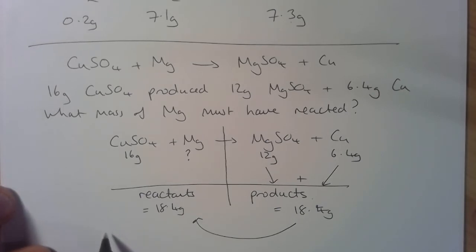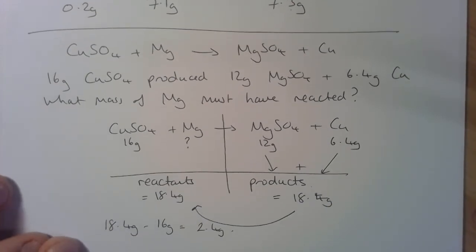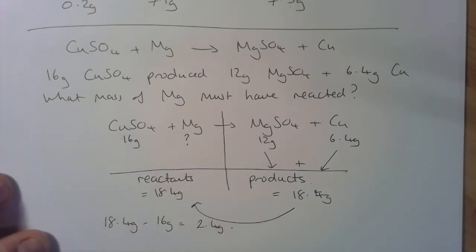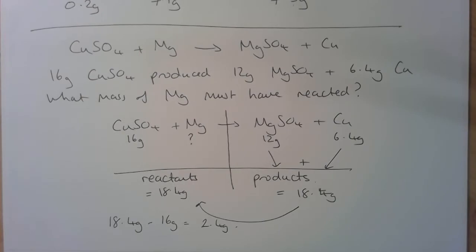So in order to work out the amount of magnesium, 18.4 grams minus 16 grams gives us 2.4 grams. So the answer to that question is that the mass of magnesium that must have reacted is 2.4 grams.